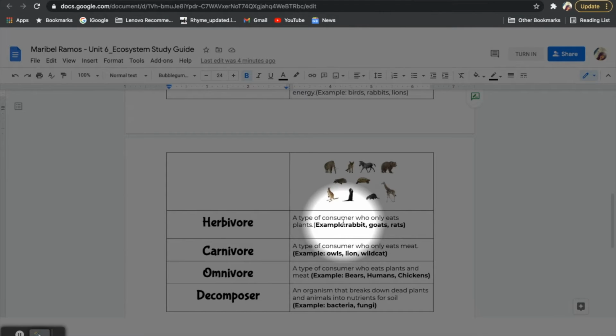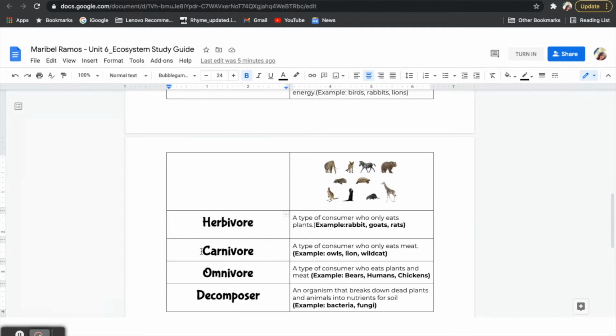Within our consumers, there are different types of consumers. Another example are carnivores. Carnivores are those consumers who eat meat. The difference between a carnivore and a herbivore is that the diet of a carnivore consists of meat, meaning that they will eat other animals for their energy.